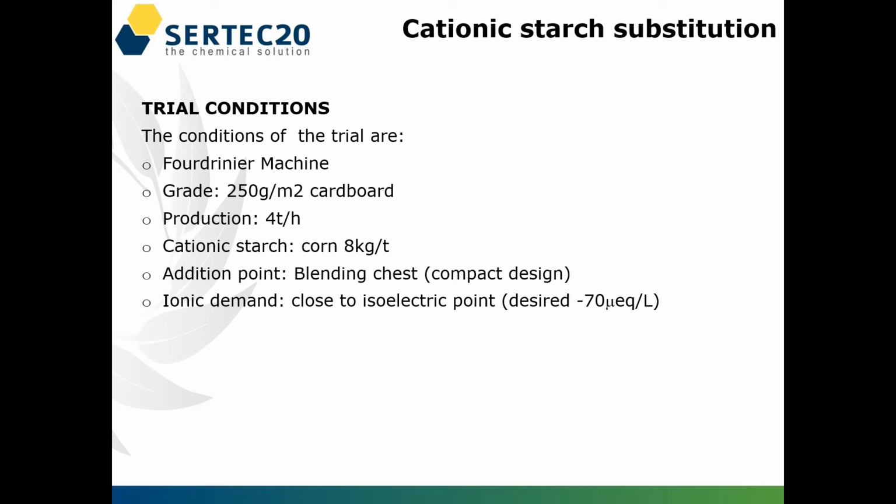In this case it has a very compact design, so we have to assume that the retention time is almost zero. Regarding the ionic demand, it was very close to the isoelectric point, and we were told that the best machine performance is achieved at minus 70 microequivalents per liter, but it's quite hard for them to achieve this value due to the high dosage of cationic starch and that they are not adding any anionic product on the circuit.